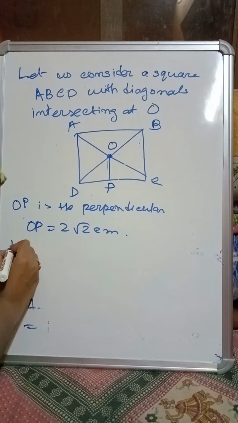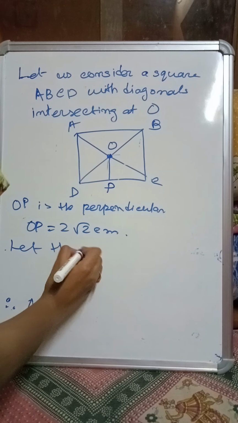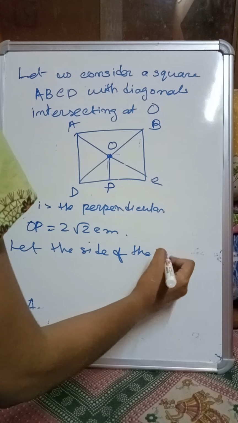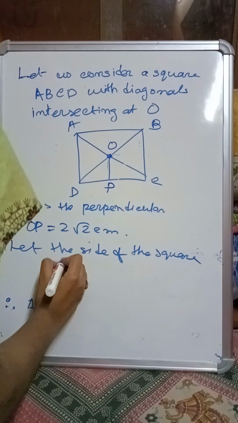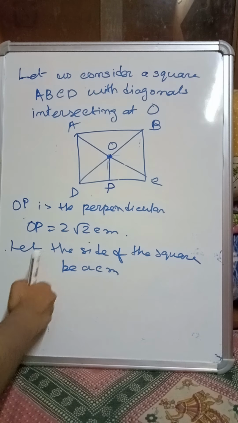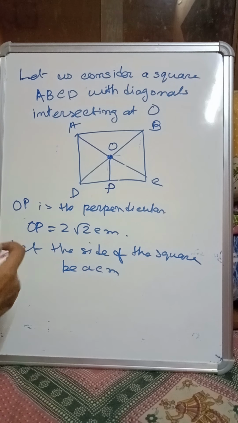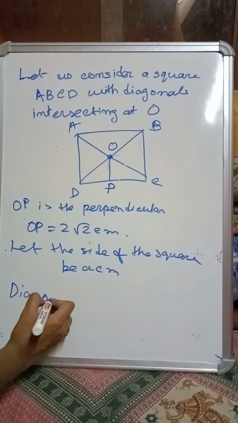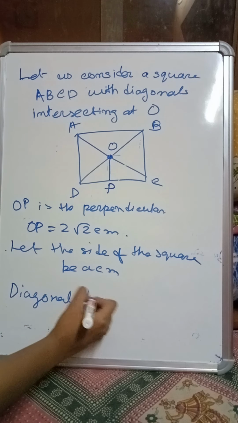Okay, now let the side of the square be a centimeter. Now if the side of the square is a centimeter, what would be the diagonal of the square? I have already told you the formula of the diagonal of the square.